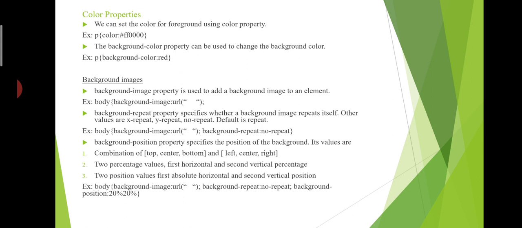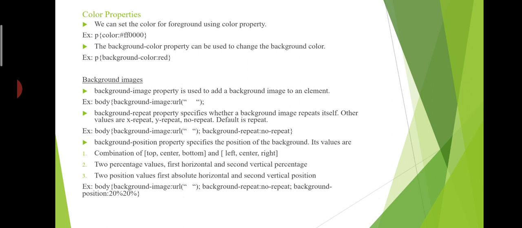Next is background repeat. This repeat property specifies whether the background image repeats itself. The other values which we can mention for this background repeat are repeat-x, repeat-y, no-repeat and default. If you have set the value for the background repeat as repeat-x, horizontally the image will be repeated.